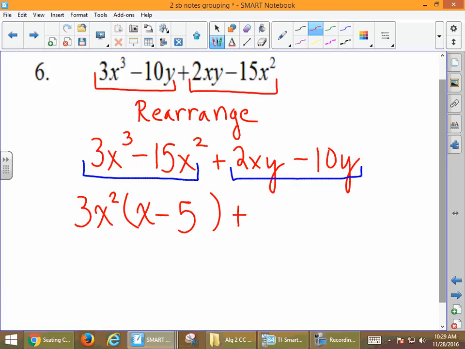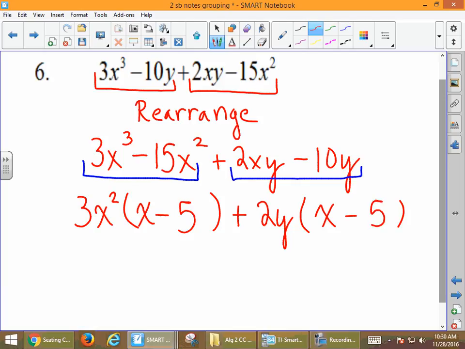Over here in our next group, between 2 and 10, our GCF is a 2. Between x, y, and y, our GCF is a y. And when we factor this out, then 2xy divided by 2y is x. 10y divided by 2y is 5.